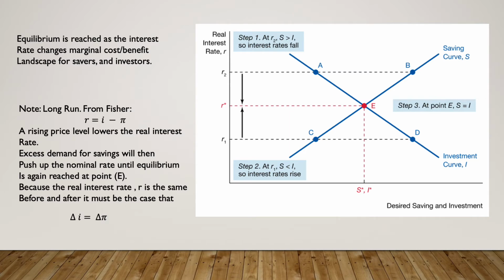Our next curve is the downward sloping blue line. This is the investment demand curve, and you can see that it's negatively related to the real interest rate. At high real interest rates, such as R2, we're operating at point A on the investment demand curve. Now, you can think of that investment demand curve as the ranking of all of the profitabilities of the various investments you were looking at.